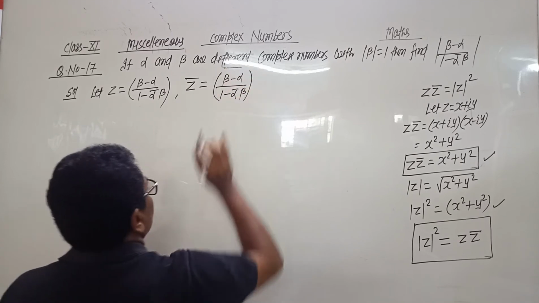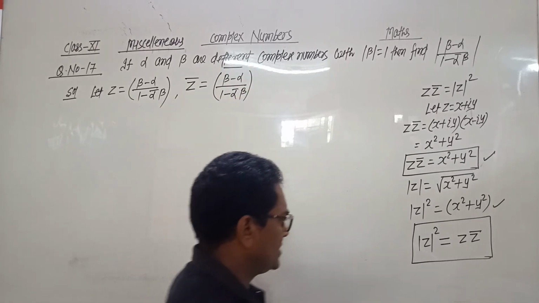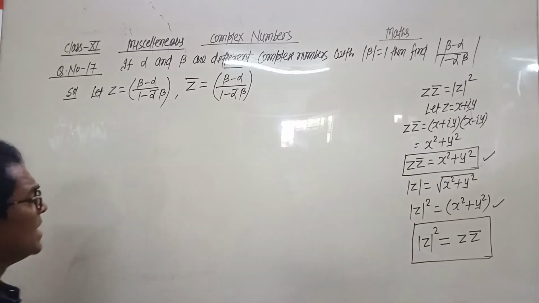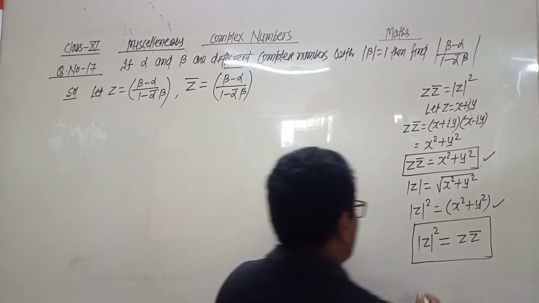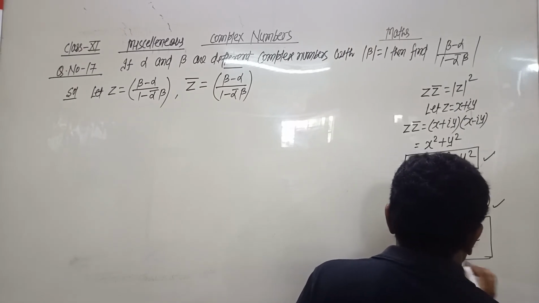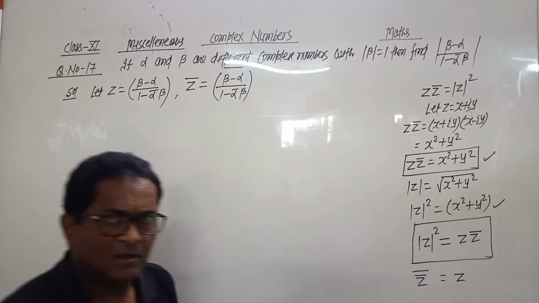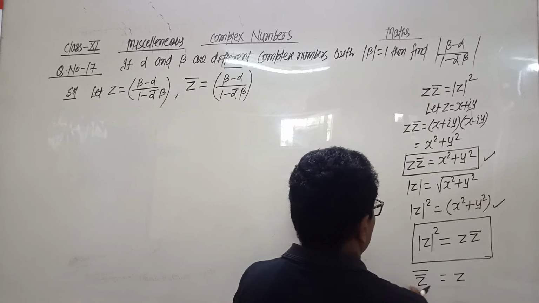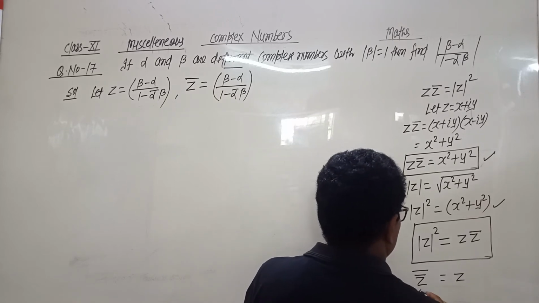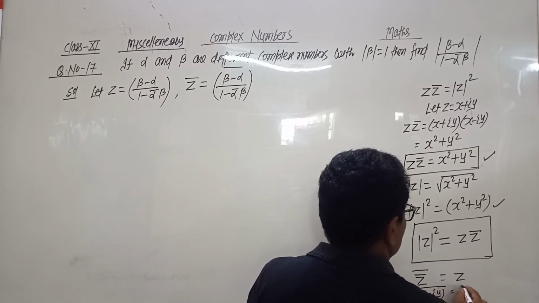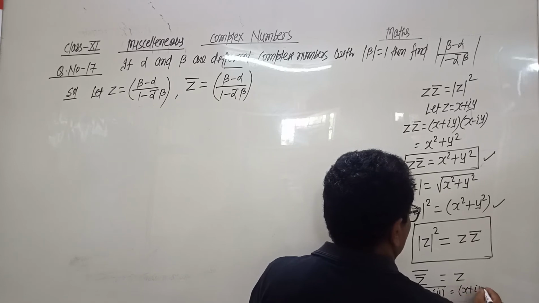One thing we also discuss: bar of bar, that is, z bar bar equals z. How? Let us see. The z bar is written as x minus iota y, and its bar equals x plus iota y.